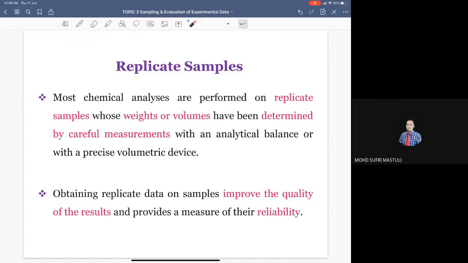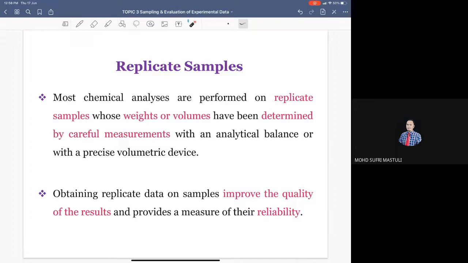Most chemical analyses performed in the laboratory involve replication, at least three times, replicating three samples where the weight or the volume has to be determined by careful measurement, using an analytical balance for the mass or volumetric devices for the volume.